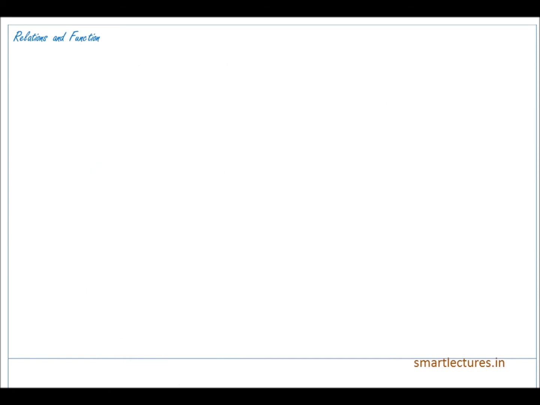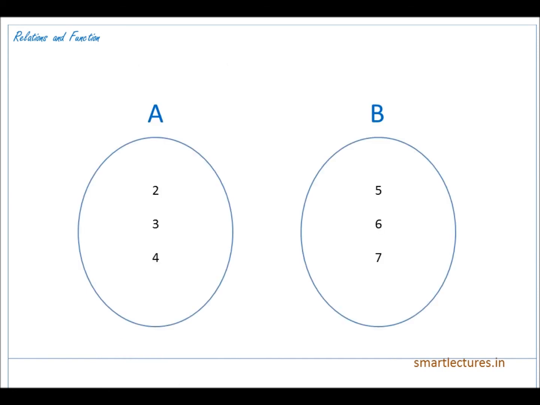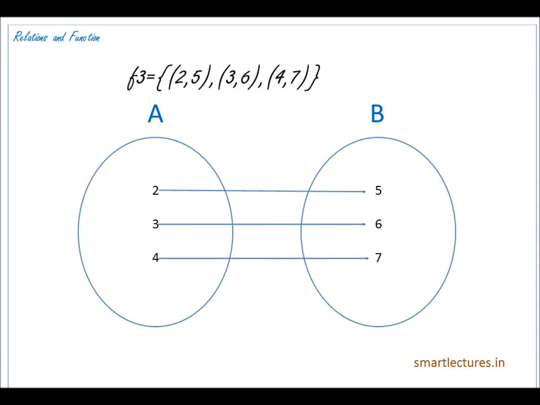Let's take one more example. Here we have f3 for the same sets A and B. Now f3 has 3 ordered pairs: (2, 5), (3, 6) and (4, 7). Here 2 is associated with 5, 3 with 6 and 4 with 7. Now is this a function? Here you can see each element of set A is associated with some element in set B. So the first condition is satisfied.